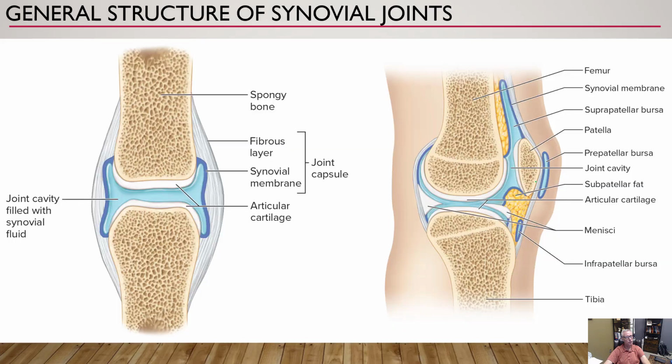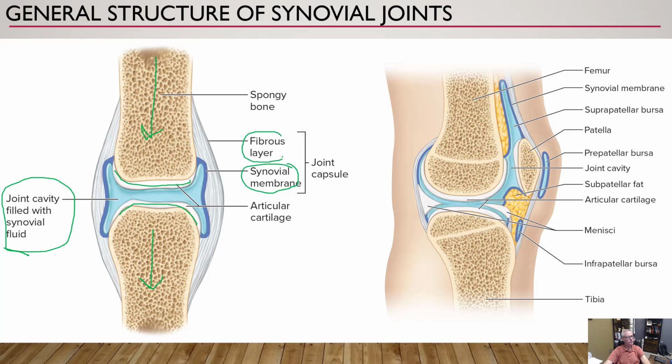So if we take a look at the knee, this would be our femur, and this would be our tibia down here. So you can see that joint cavity. Remember that articular cartilage covers the ends of the long bone. You can see that synovial membrane.